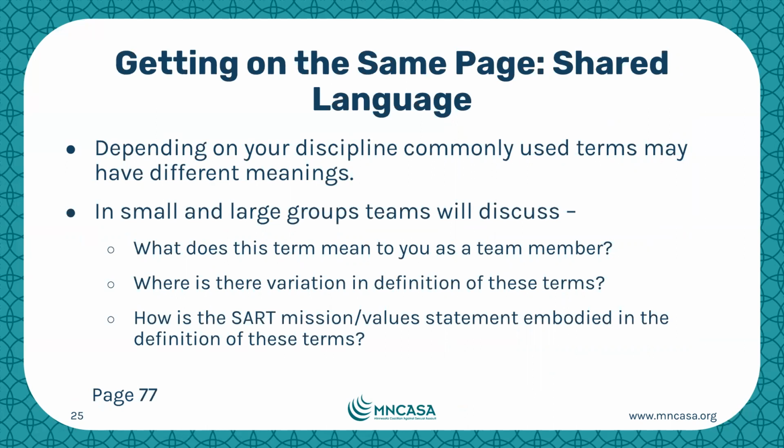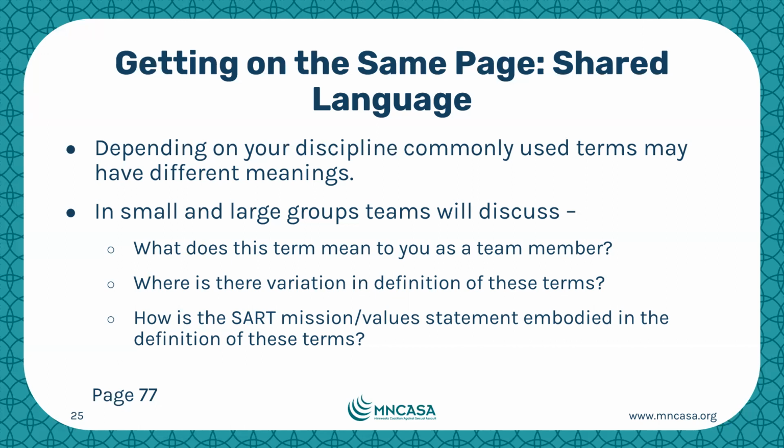For example, when referring to sexual assault, prosecutors and law enforcement will use the specific legal definition. On the other hand, advocates may have a broader definition that encompasses other forms of sexual violence. Some terms that we recommend discussing include culturally responsive, consent, and accountability.